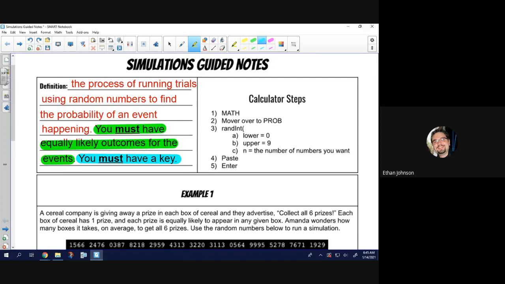Those are two of the biggest things that we need for this. Every single event must have an equally likely outcome. And we have to have a key, because without the key, you would understand what the numbers mean. However, a reader would not.